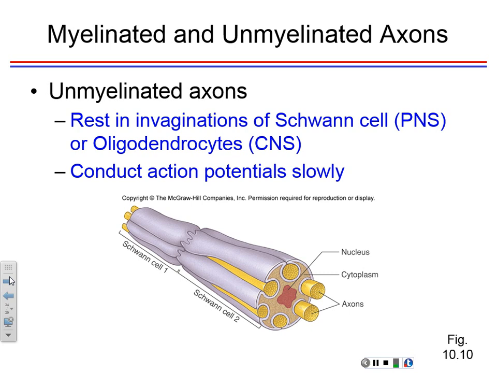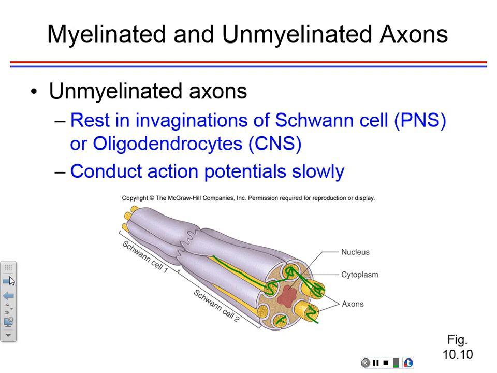Because if you have a bundle of these nerves, you see how the Schwann cell surrounds it like that, but doesn't go all the way around, it just pretty much insulates it. But it's not myelinated, because it doesn't have the sheath all the way around. So it will still conduct slowly, but it is going to be insulated from this one. So number 1 is insulated from 2, from 3, from 4, from 5.